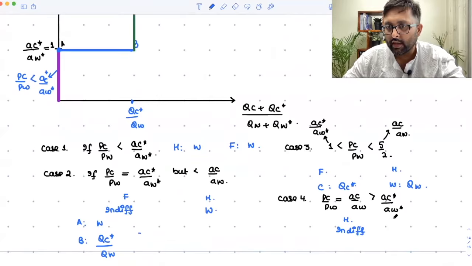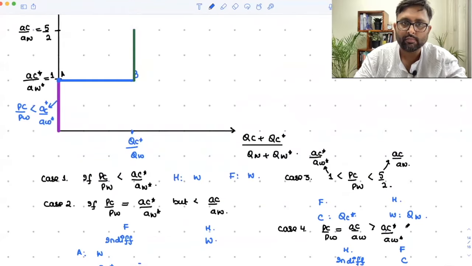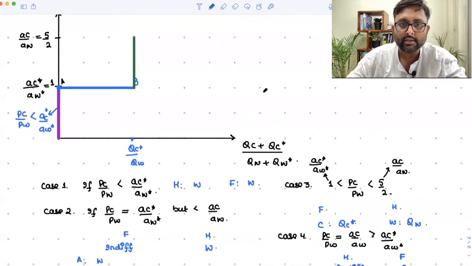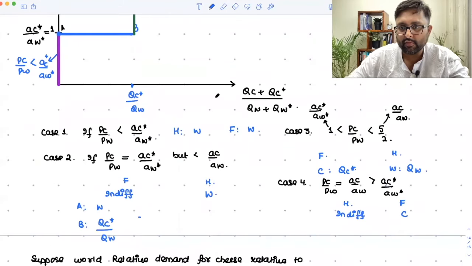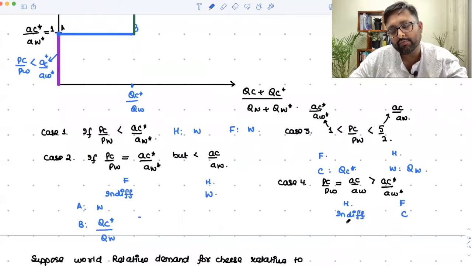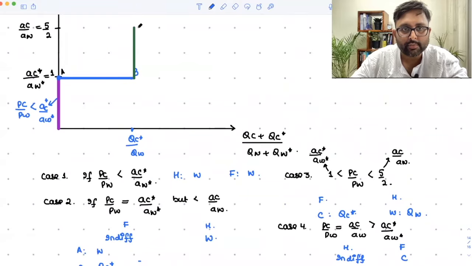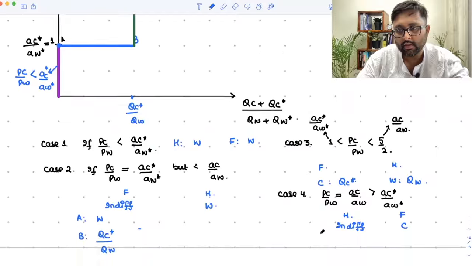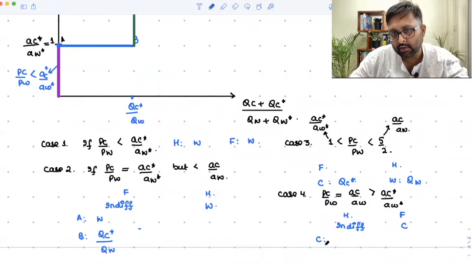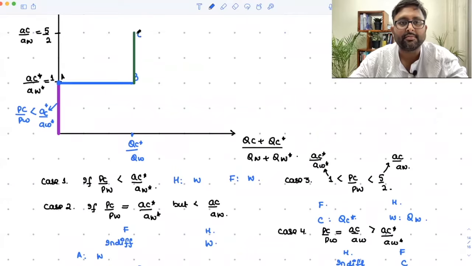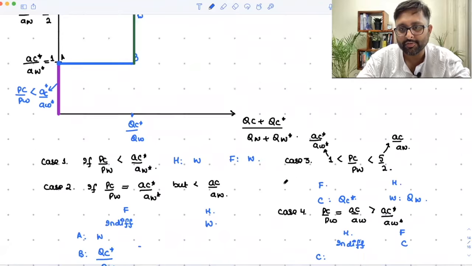And foreign country will say, since the relative price of cheese is more than the opportunity cost of cheese, I will be producing all of cheese. Home country, let's say, is sitting at this point. I won't use C, I'll use D, so that you don't get confused.